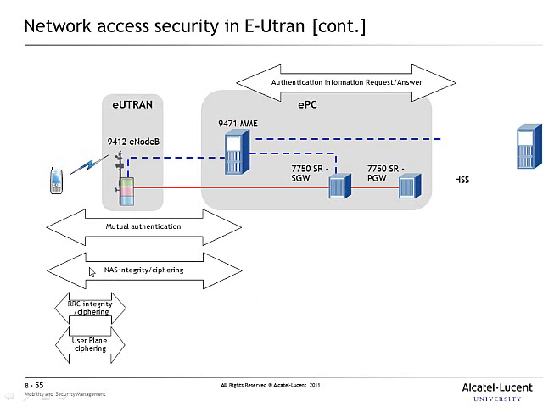We have integrity and ciphering being performed between the UE and the MME. So all the signaling messages that are sent between the UE and the MME are ciphered and integrity protected. And there's also integrity and ciphering both on the control plane and the user plane across the interface.